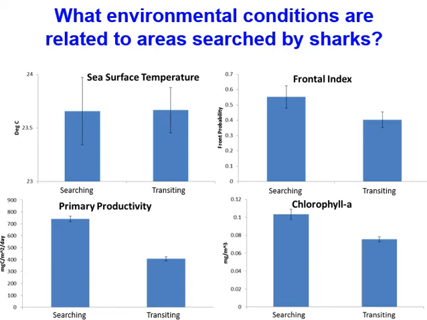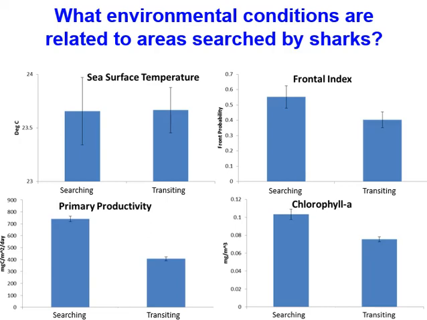Well, if you look at sea surface temperature, they search and they transit about the same in different temperatures. So there's not much of an effect of temperature. Temperature certainly influences where they are, but not so much what they're doing when they're in these different locations. So they might be up north when it's warm, but the amount of searching that they do isn't so correlated to sea surface temperature.